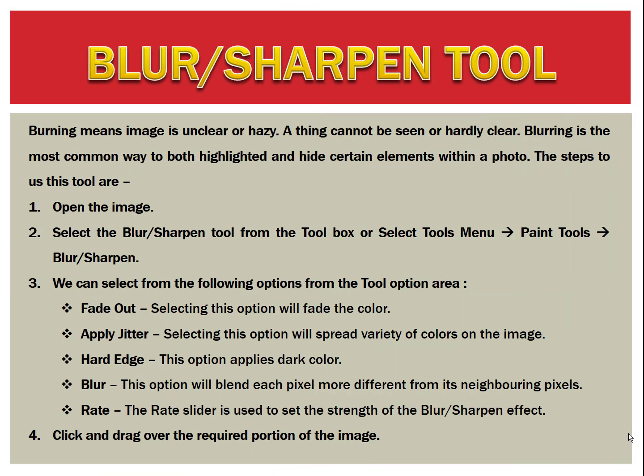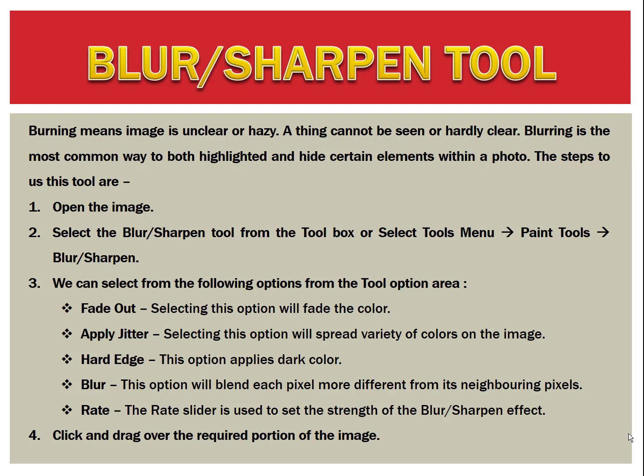Next is blur or sharpen tool. Blurring means image is unclear or hazy. A thing cannot be seen or is hardly clear. Blurring is the most common way to both highlight and hide certain elements within a photo.